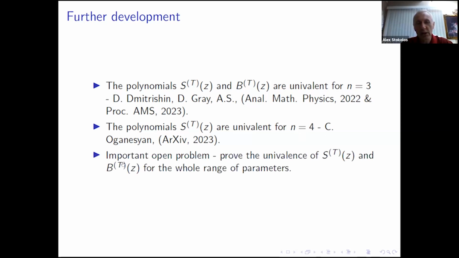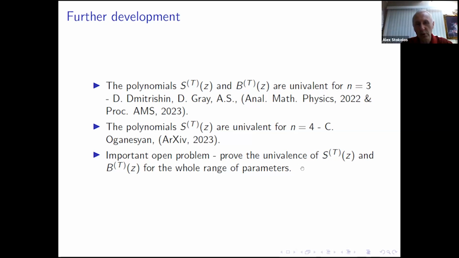The problem is to check if, say, Brandt polynomials are univalent in the case n equals 4. So Christina is working hard, but they are two different animals, and I hope she will do it. But it's still difficult, the problem of univalency of extremal polynomials.